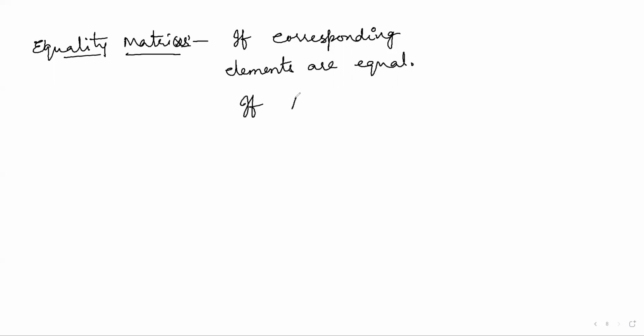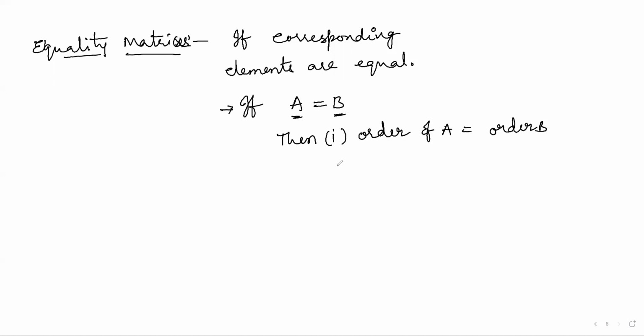If matrix A equals matrix B, then first, the order of A equals the order of B. Next, corresponding elements are equal.